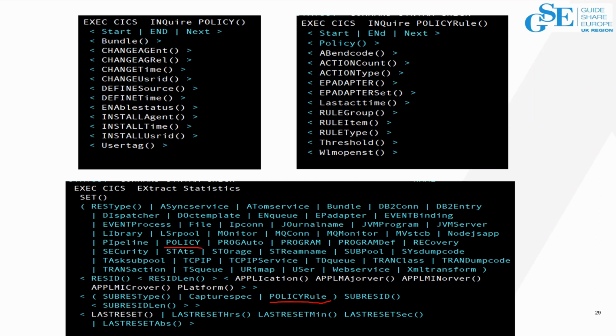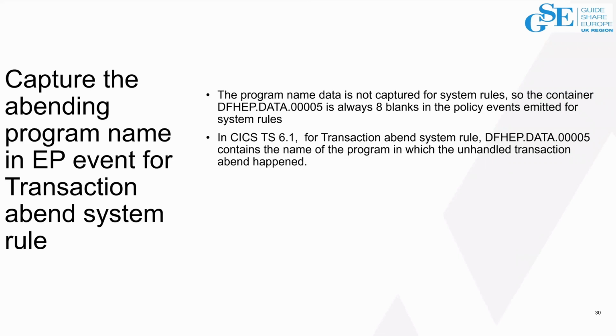So when you issue that extract command, you will get the set of statistics back for that particular policy rule. So that's the end of what I'm going to say on policy.